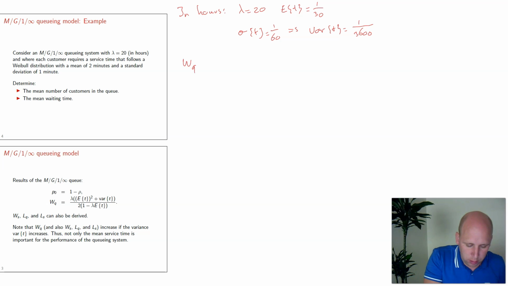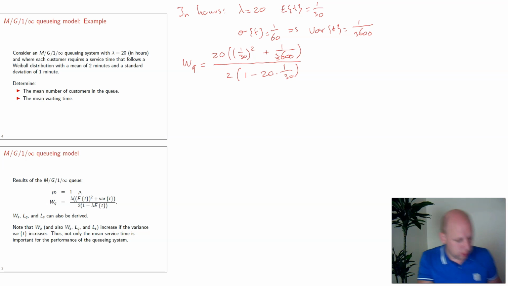Then we can calculate the mean waiting time, WQ, based on the formula that we have. We get lambda equal to 20, multiplied by the expected service time squared, which is 1 over 30 squared, plus the variance, 1 over 3600, and then we divide that by 2 times 1 minus lambda times the expected service time. This is the expected waiting time. In the numerator we have 20 times (1 over 900 plus 1 over 3600), that's 5 over 3600.